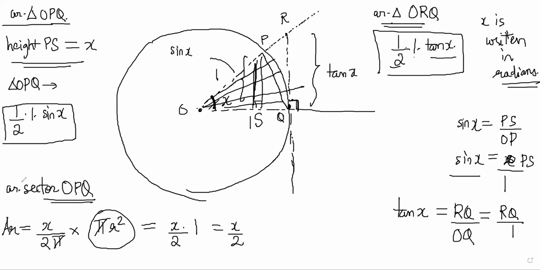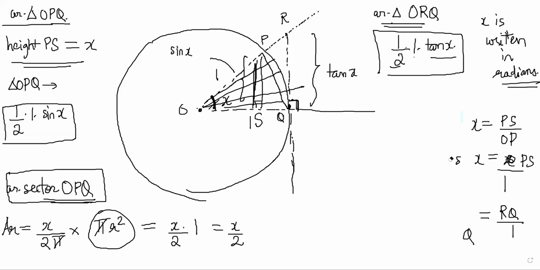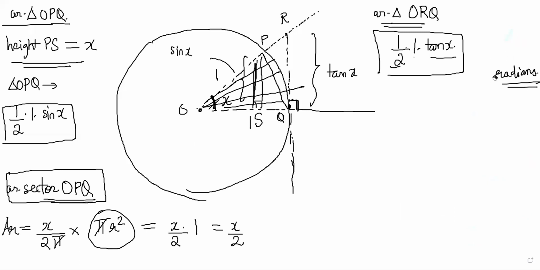So now we have found three different areas. The inner triangle area is sin x by 2, the sector area is x by 2, and the outer triangle area is tan x by 2, right?